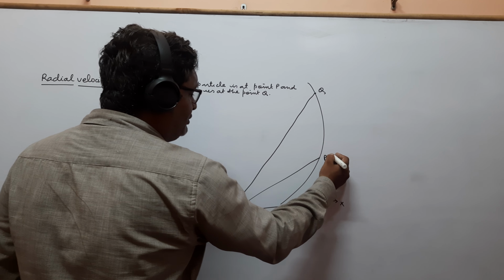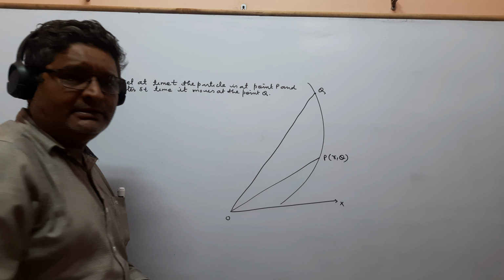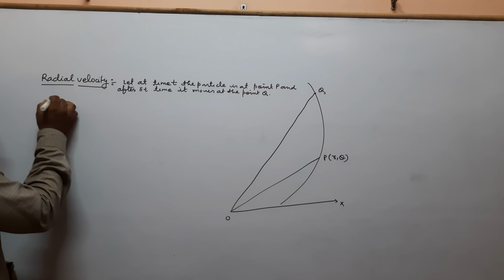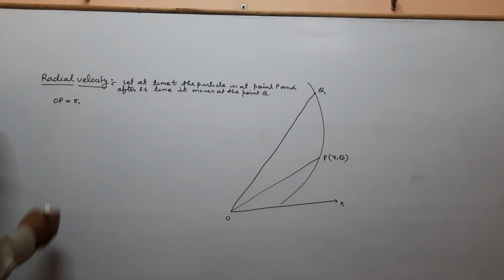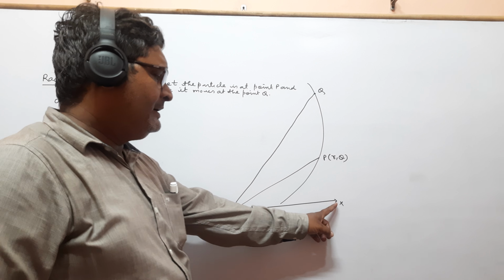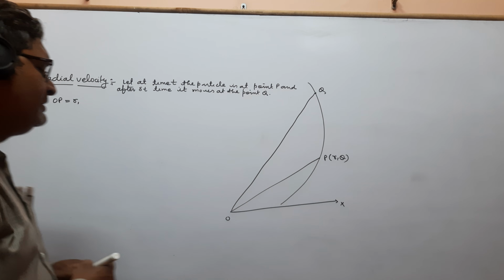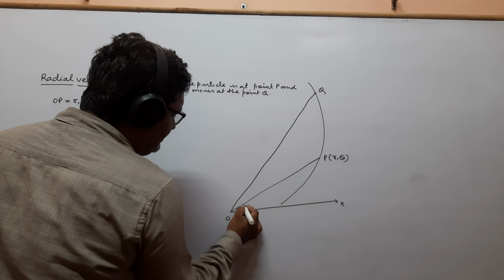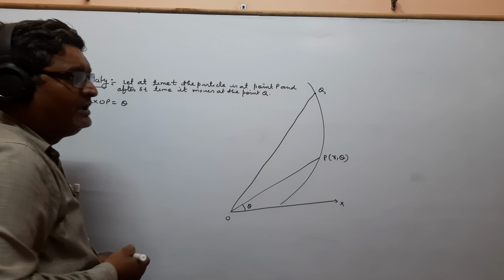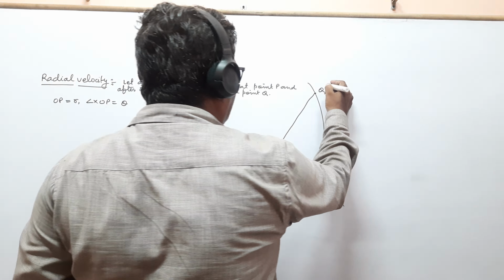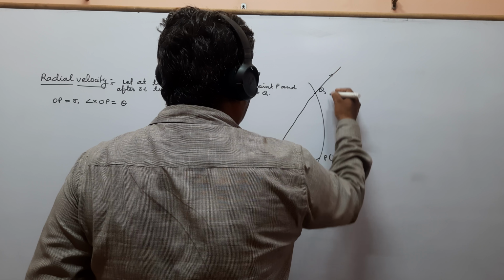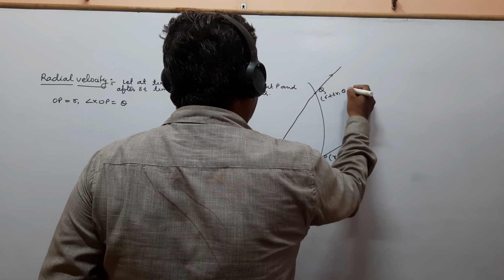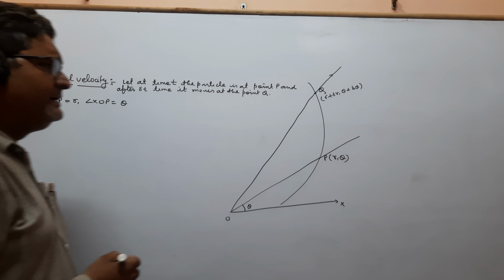Now we suppose that (r, theta) is the polar coordinate of point P. So the radius vector OP is equal to small r, and angle XOP is equal to theta. Now suppose that the polar coordinate of Q be (r plus del r, theta plus del theta).